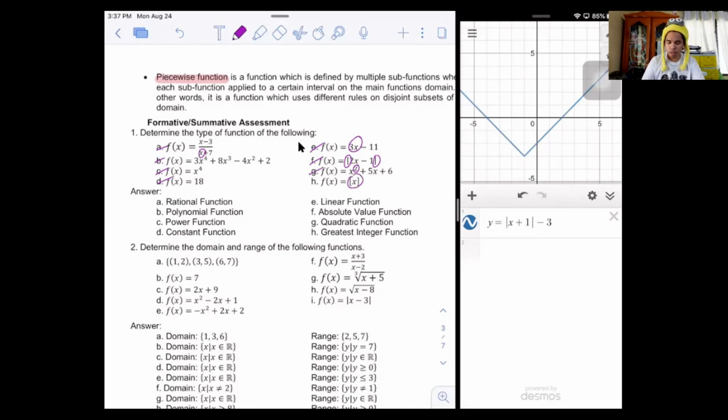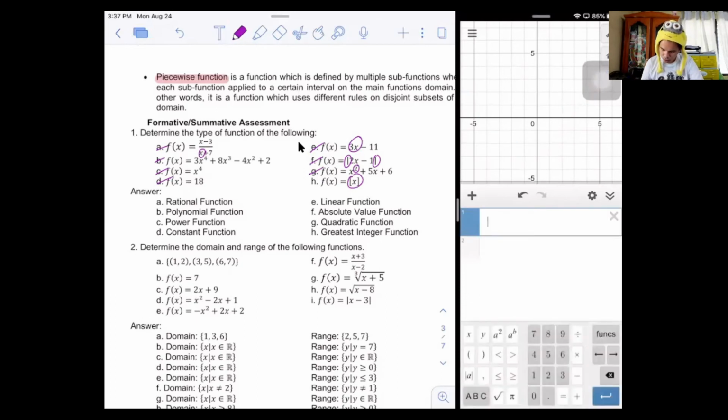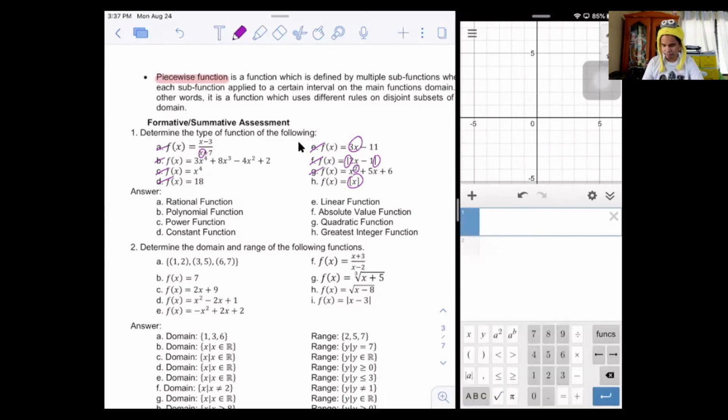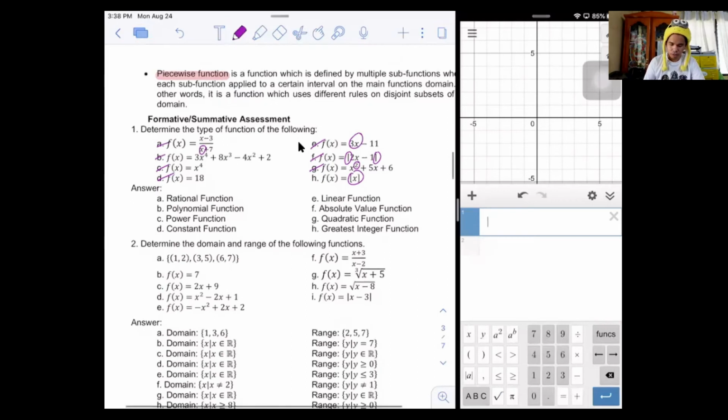So therefore, it's a greatest integer function. I don't know if naa diri og greatest integer function. Mangita sa ko ha. Murag wala. I think there's no feature here to graph. Wala. Okay, so in our next lesson, maghatag ko og example sa dagway sa greatest integer function. Okay?